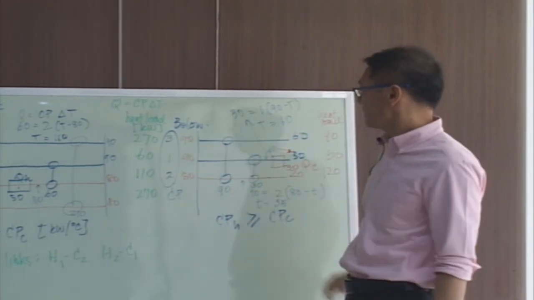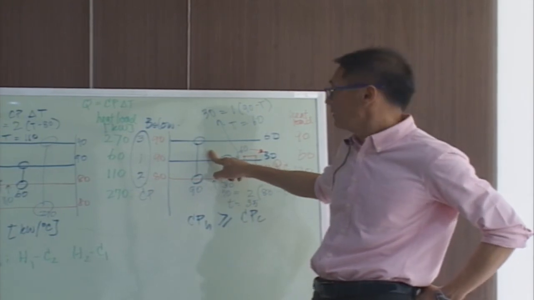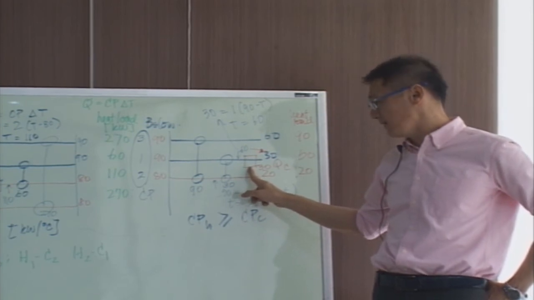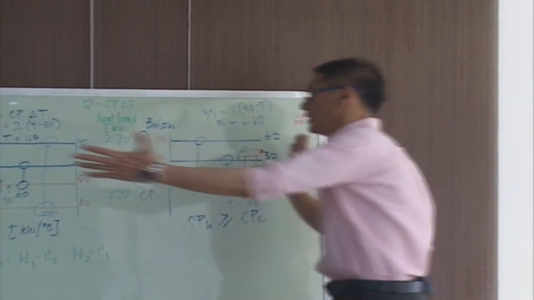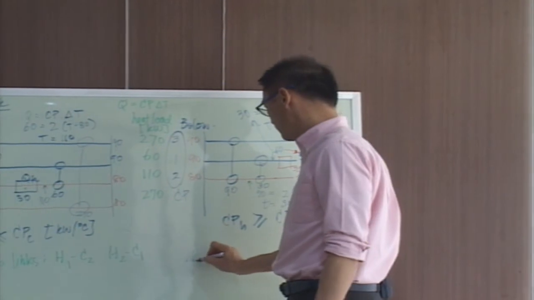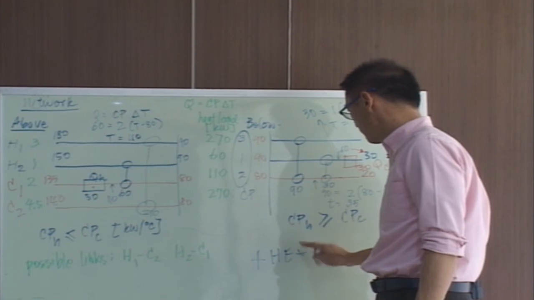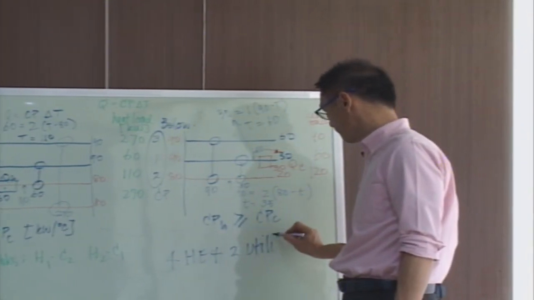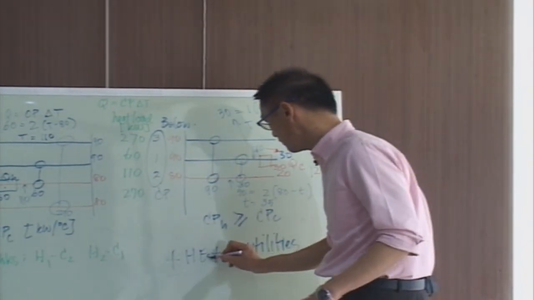So on this side, we found that 2 heat exchangers are required plus 1 cooling system. Totally, if I put it together, it takes 4 heat exchangers plus 2 utilities. 2 heat exchangers plus 2 utilities.